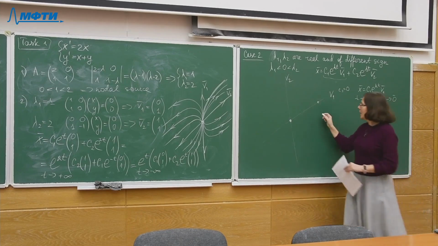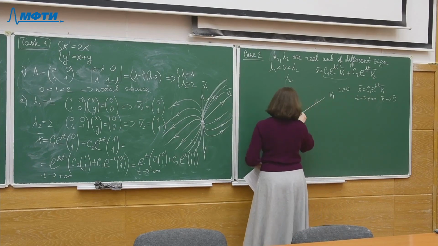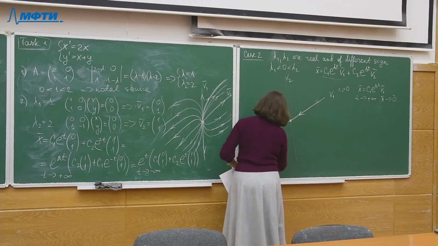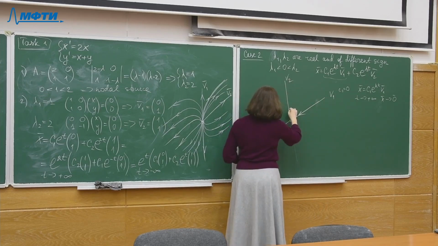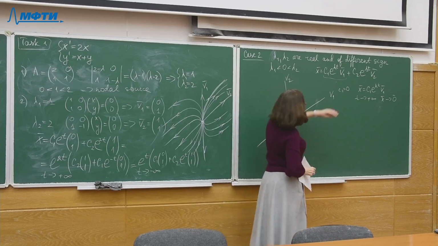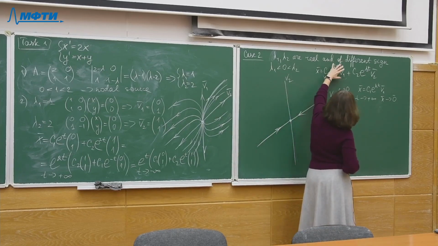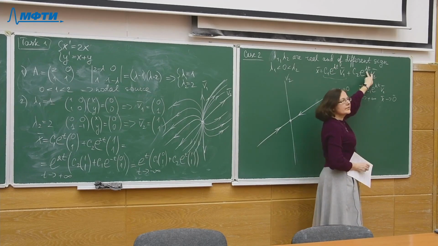So we go toward the origin. But what about the line through v2? Then this term is 0, and lambda 2 is greater than 0.